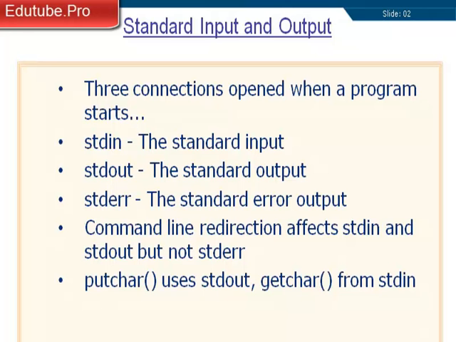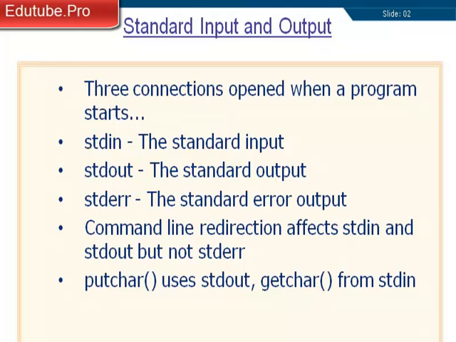It's not typically done because a lot of operating systems and other systems depend on standard error to do their job. And your program will generally leave standard error alone and use it if it needs to. Like I said, command line redirection does affect standard in and standard out, but not error. Putchar that we've used already uses standard out, and getchar gets its characters from standard in.